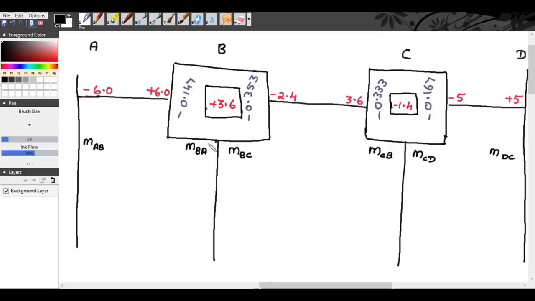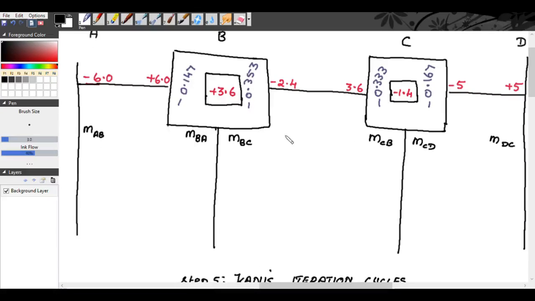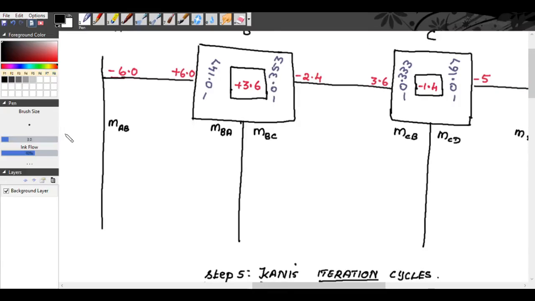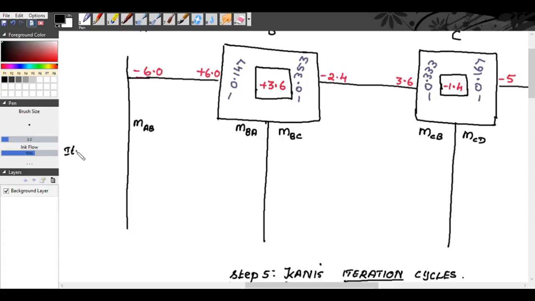So our aim is to find the rotational contributions. For this we will go for iterations: iteration 1, iteration 2, iteration 3, and so on. As your iteration goes on, you will get more accurate results. We will go for 5 iterations and stop with iteration 5.